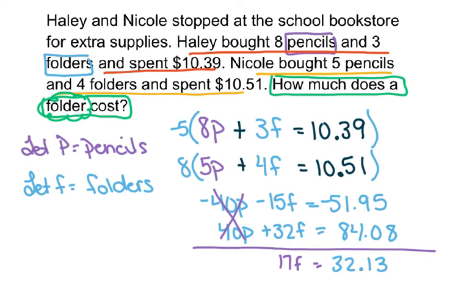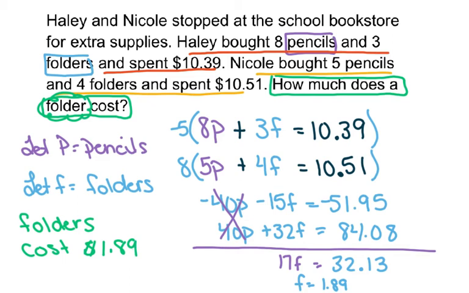And then we need to divide by 17. So we're going to get a folder costs $1.89, and that's a reasonable amount. Then we're just going to write it in a sentence here. Remember, if you are confused on anything, please make sure you are writing your questions down.